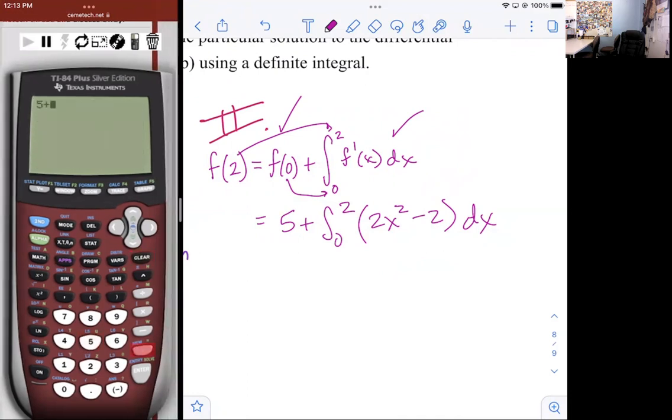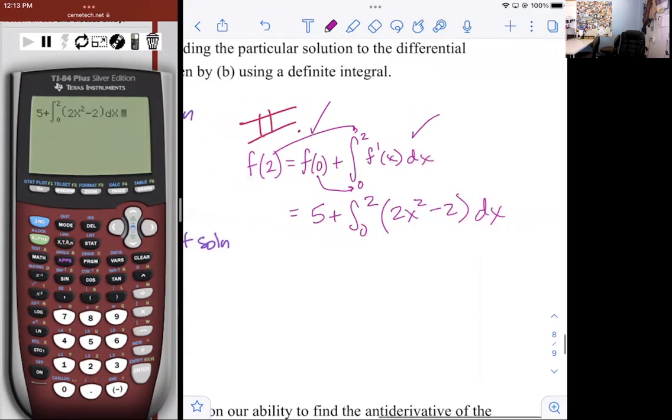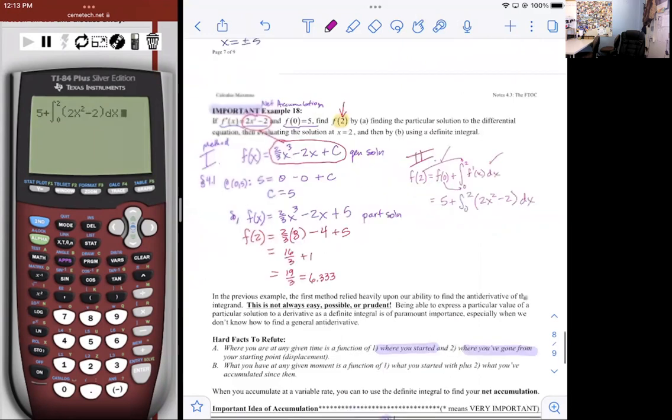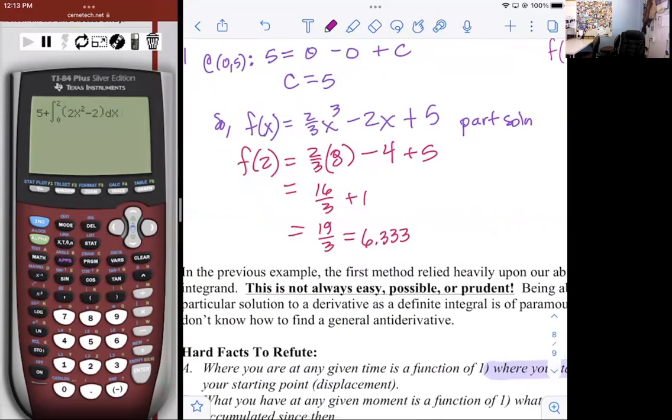So 5 plus math 9. Here's another reason why we do the definite integrals on the home screen. I can add 5 to it right there, from 0 to 2 of 2x squared minus 2 with respect to x. Now, this calculator is a number crunching machine. It's not finding the antiderivative and then evaluating it like one with a CAS, a computer algebra system, we call it.